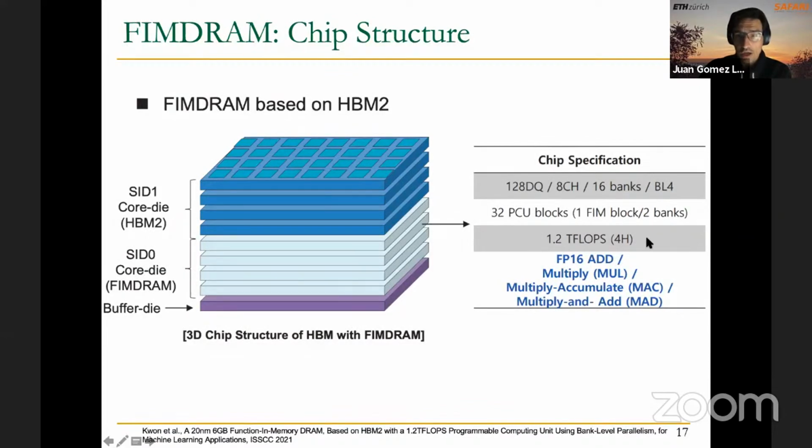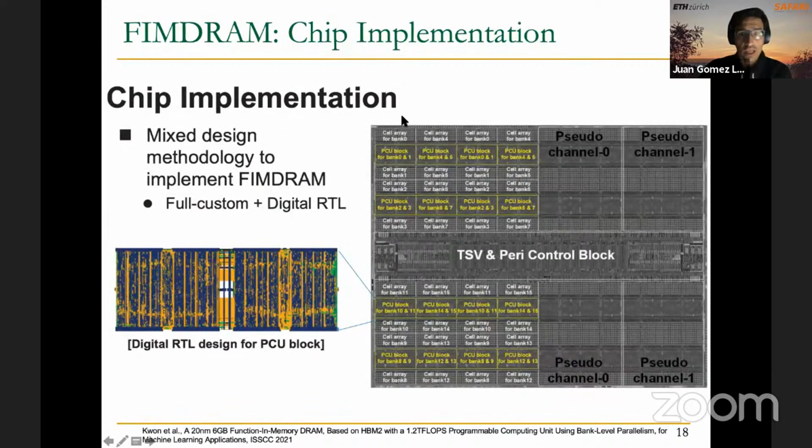As you can see in this layout of one of the layers, which shows the chip implementation in full custom and digital RTL, between two of these banks, here we have bank 0 and here bank 1 of this pseudo channel 0, which could be composed of these 16 banks.